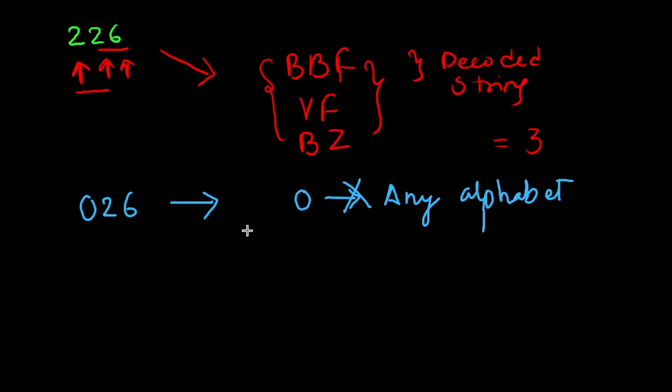Now we also cannot consider 02. 02 does not correspond to B. Why? Because 02 is not equal to 2. So if there is any string with a leading 0, that means we cannot decode that string. In that case our answer will be 0.